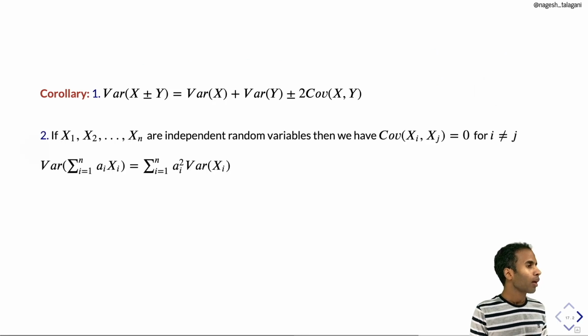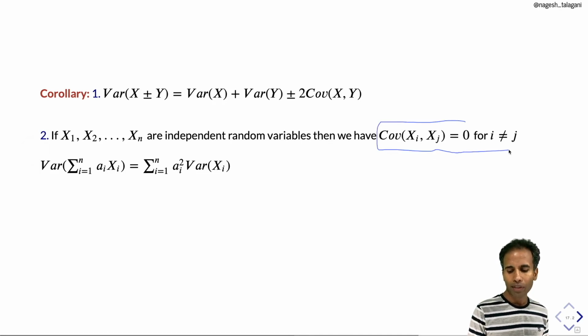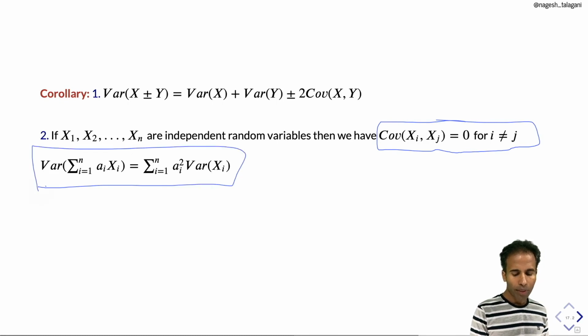Next, corollary 2: if x1, x2, and so on up to xn are independent random variables, then we have the covariance of xi and xj equal to 0 for i not equal to j. In that case, the variance of the summation i equal to 1 to n of ai xi is simply the summation i equal to 1 to n of ai squared times the variance of xi, because all the covariance terms will vanish.